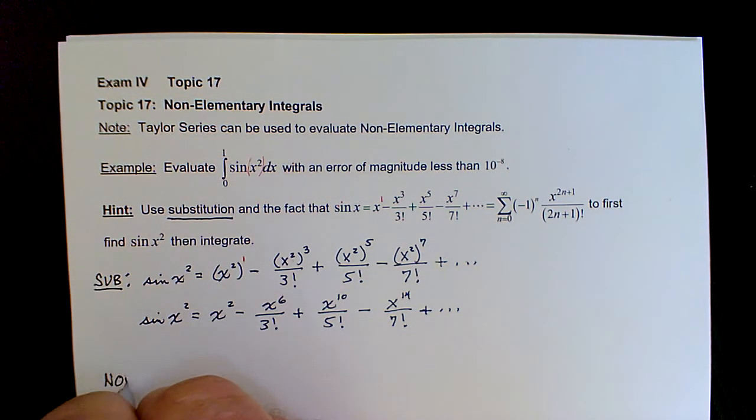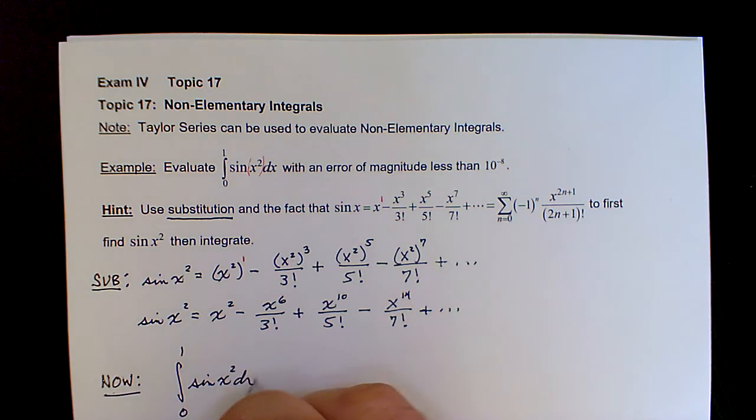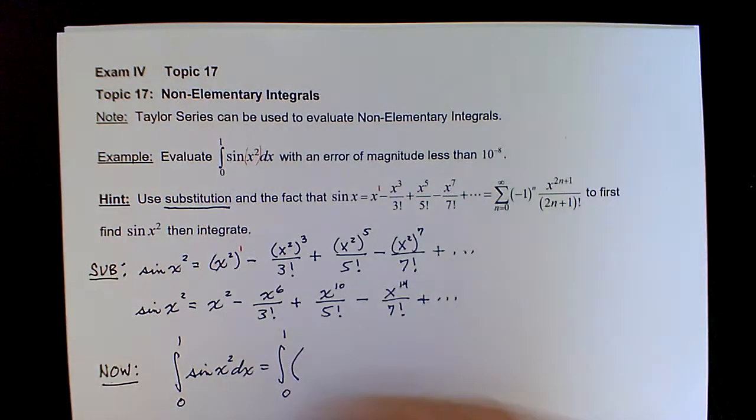So now we could say that the integral from 0 to 1 of the sine of x squared is the same as, well, it's the same if you had an infinite series, if you took it out infinitely.